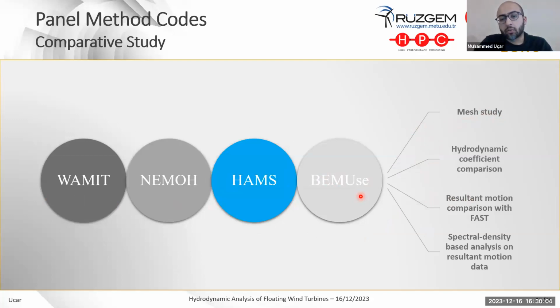Then we questioned, if there is any difference between these hydrodynamic coefficients, whether these effects are reflected in the time domain simulation with OpenFAST, for example if any divergence in the mass calculation reflects in the resultant motion or not. And after obtaining the resultant motions from OpenFAST, we questioned what the reason could be for any differences in them.